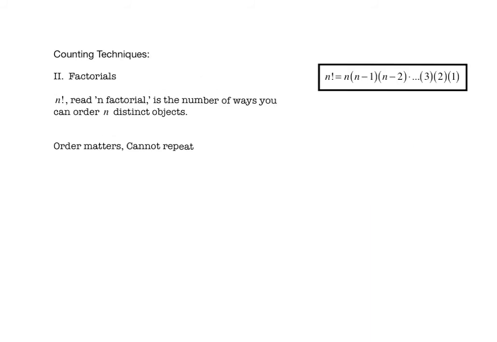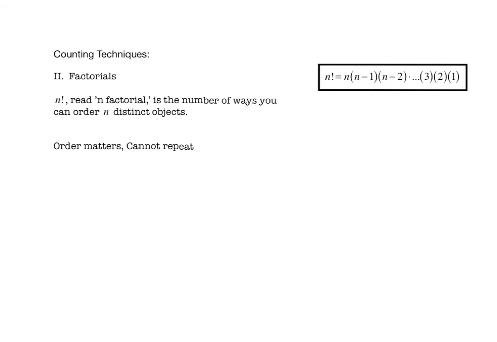We now have a new counting technique known as factorials. So this n exclamation point, which is not how it's actually read, is read as n factorial. N factorial is the number of ways you can order n distinct objects. So if you have n different objects and you want to see the number of ways you can order them in a line, the answer would be n factorial.